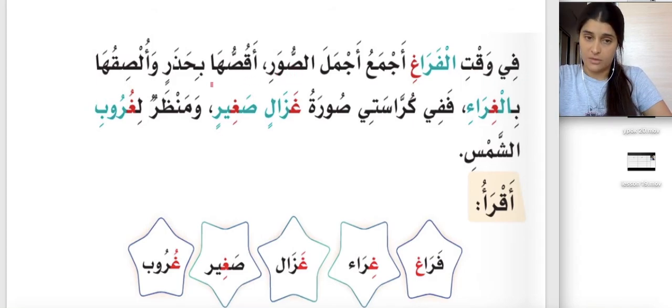I cut them carefully, and I glue them with glue. In my notebook, a picture of a small deer, deer means ghazal, small means saghir, and a view of a sunset.